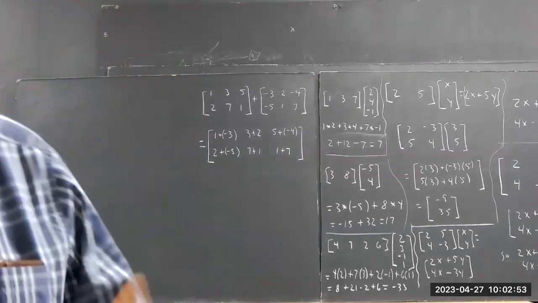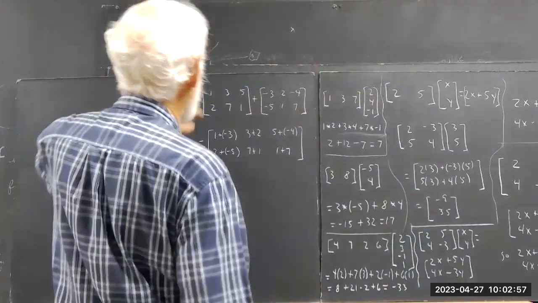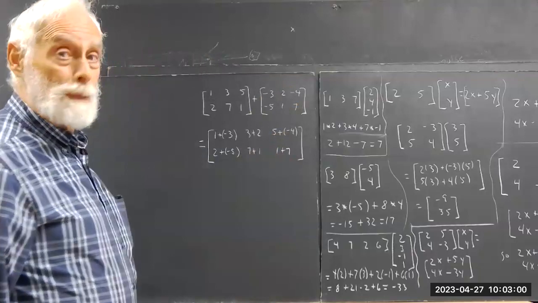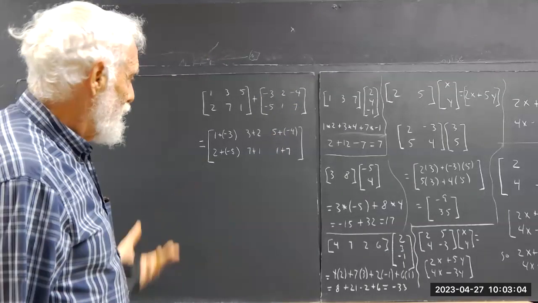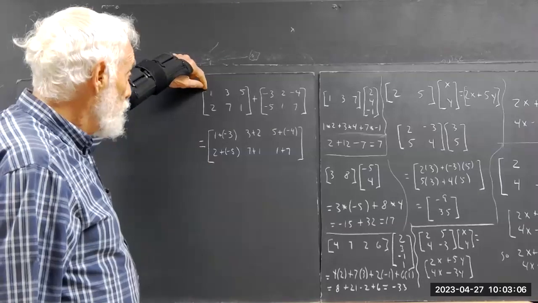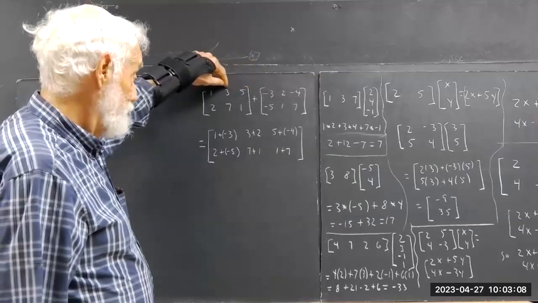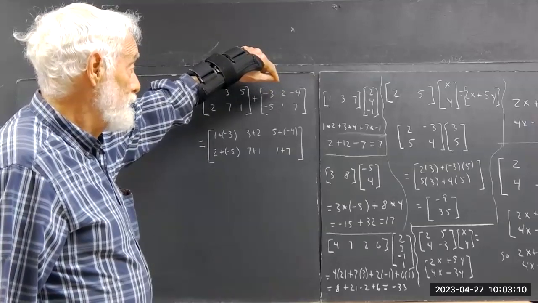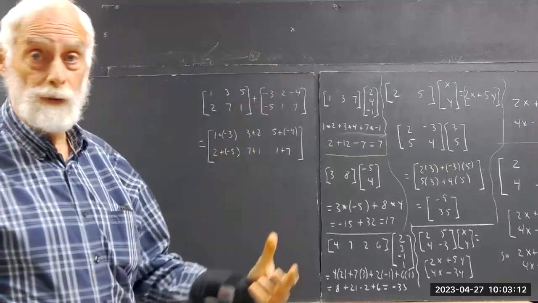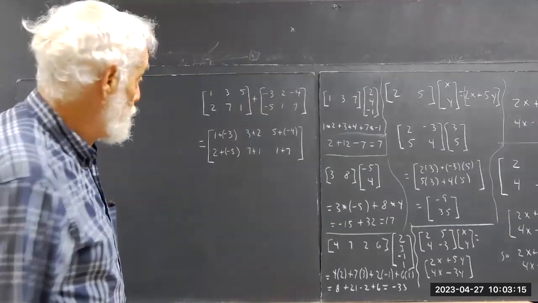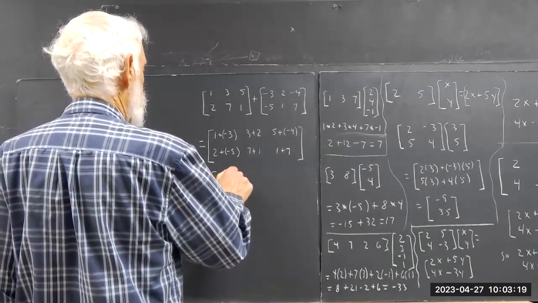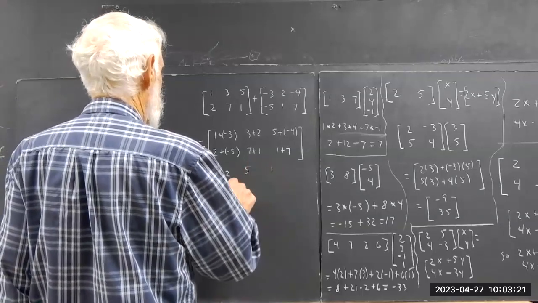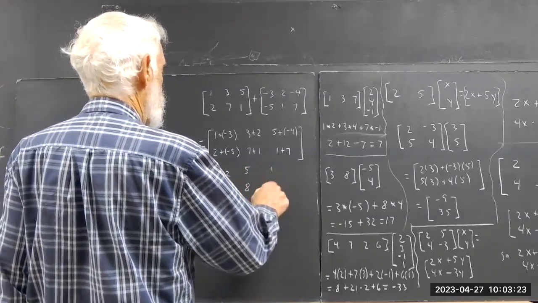Just add them up number by number, okay? You just add the first row, first column, to the first row, first column. First row, second column, to the first row, second column, and so forth. And of course, then we finish the arithmetic. We get -2, 5, 1, -3, 8, 8.